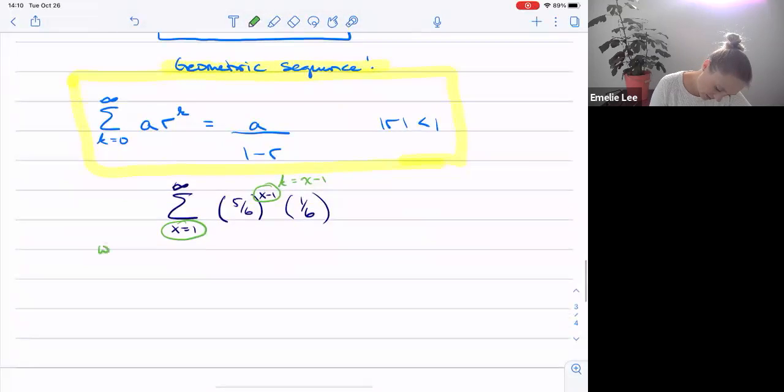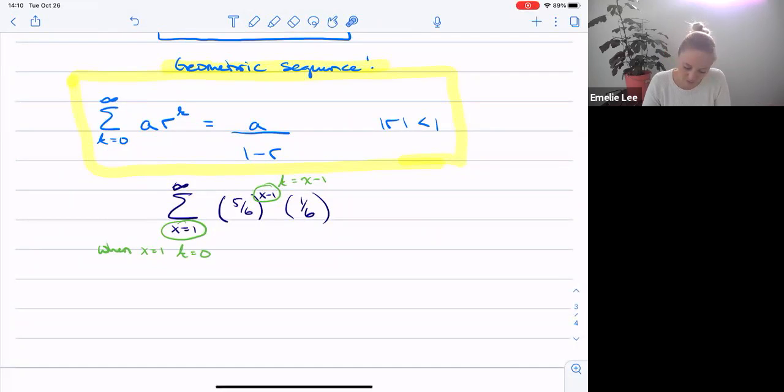So when x equals 1, k equals 0. That takes care of this portion. And of course, going to infinity is fine either way. Infinity is infinity. And so we've dealt with this k. That's probably the hardest part.